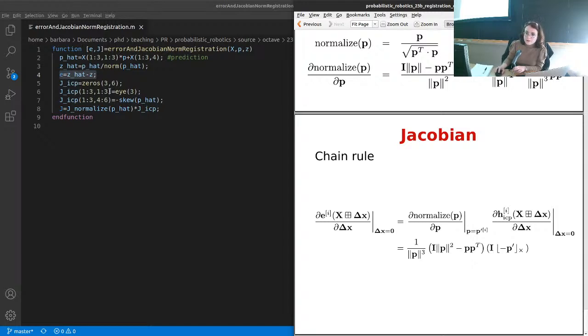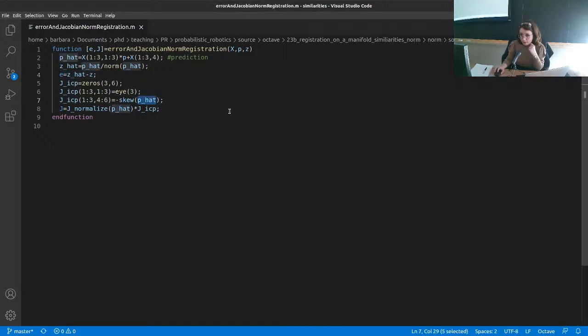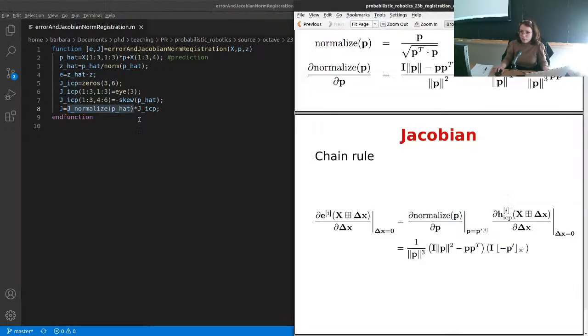First, an identity block of dimension 3. Then the second one, which is minus the skew symmetric matrix in p hat. Once you're done with this, you can write down the Jacobian as the product of the Jacobian of the normalized function computed in p hat, multiplied by the Jacobian of the ICP function.